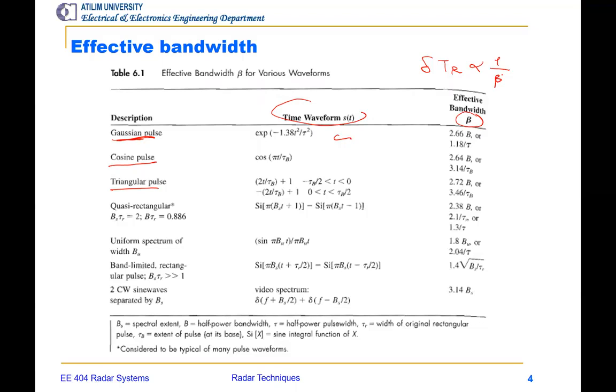So we'd like to make this beta as high as possible in order to reduce RMS error. Now, actually, there is no big difference between the waveforms. Each might have a different advantage. In the literature, cosine type pulse seems to be quite appropriate according to the discussions in the textbook.